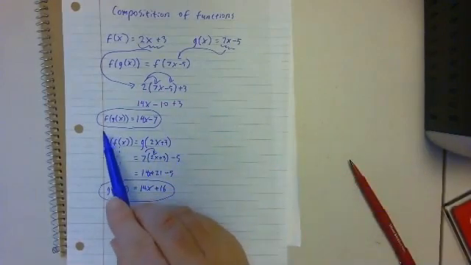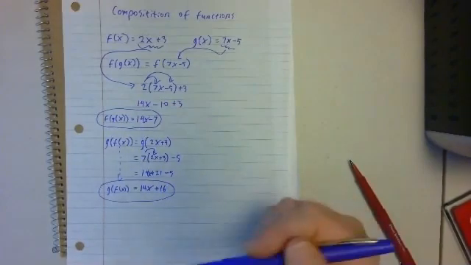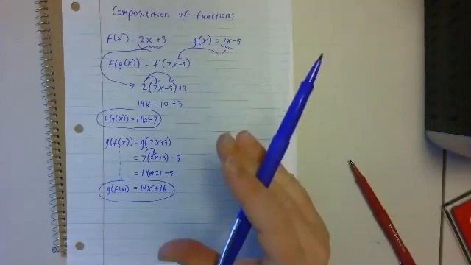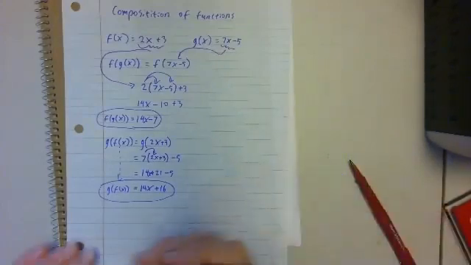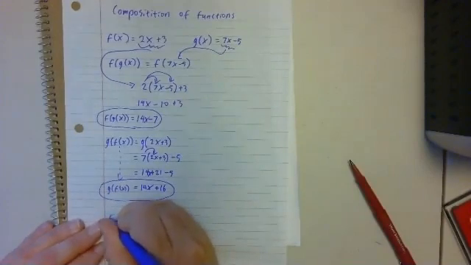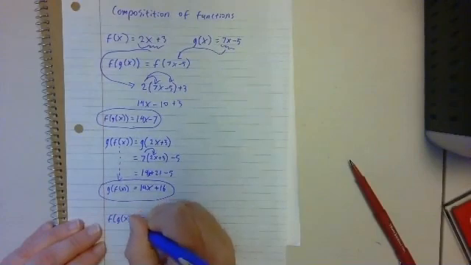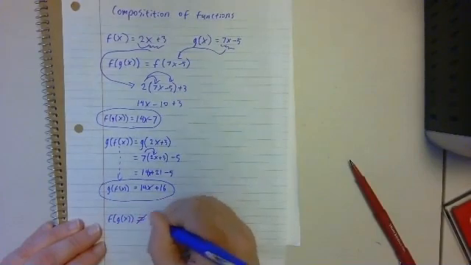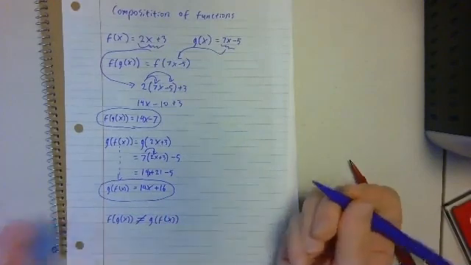So think about if you need to do f of g of x or g of f of x, if you're in some kind of story problem situation and you're trying to put it together yourself, you have to really think about what order to do things in because you do get different answers. And in general, f of g of x is not equal to g of f of x. So keep that in mind.